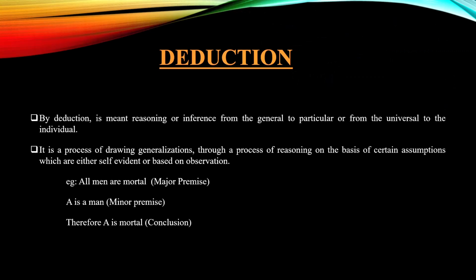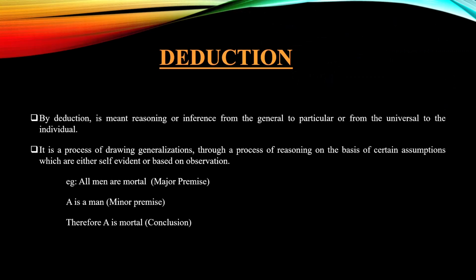So simply we can also remember this like D, G, P: D for deduction, G for general and P for particular. General to particular, or we can say from the universal to the individual. That is, the universal represents the general and the individual represents the particular.